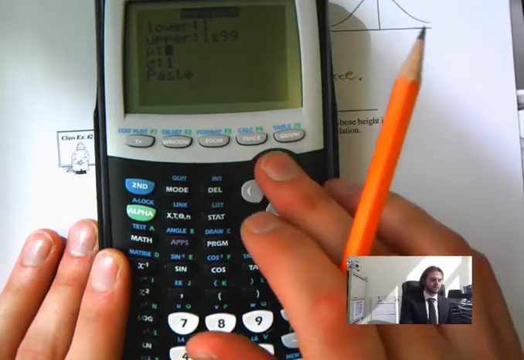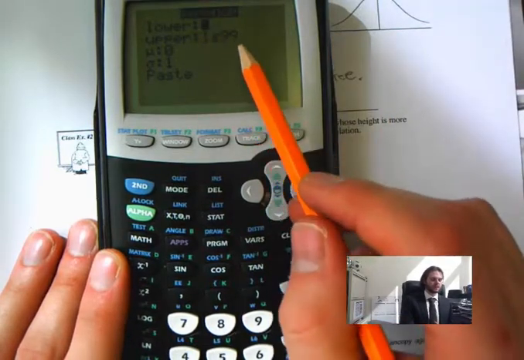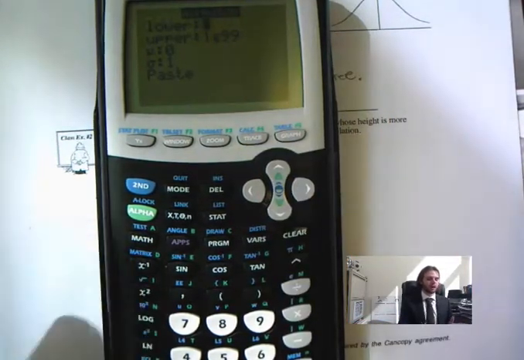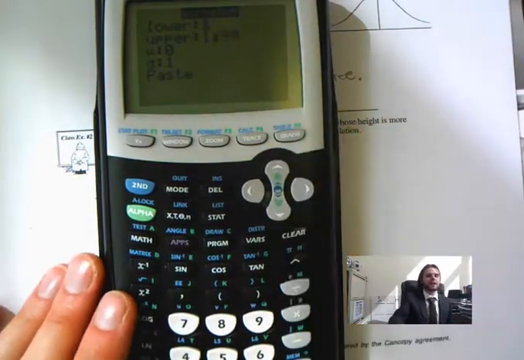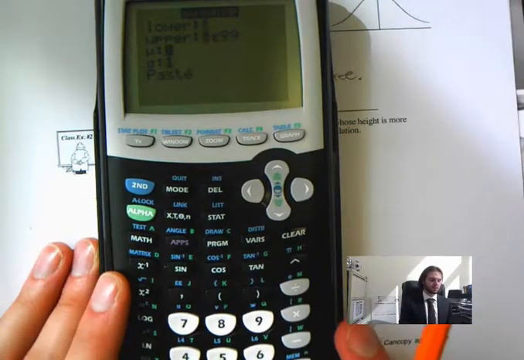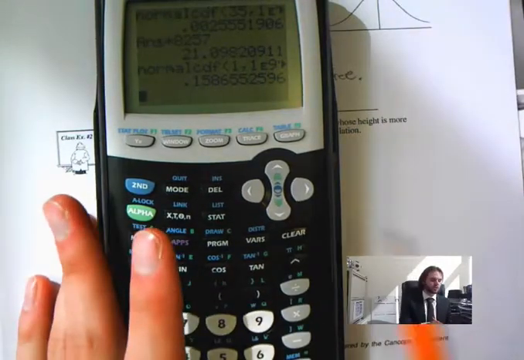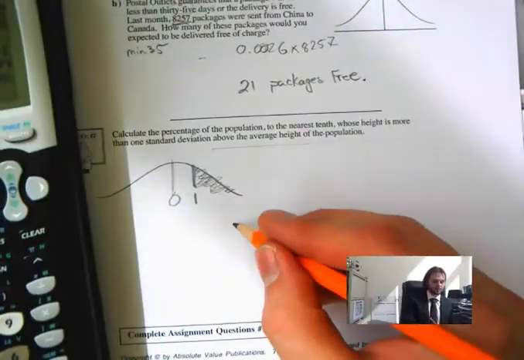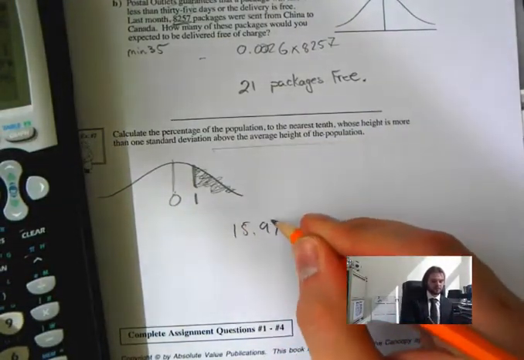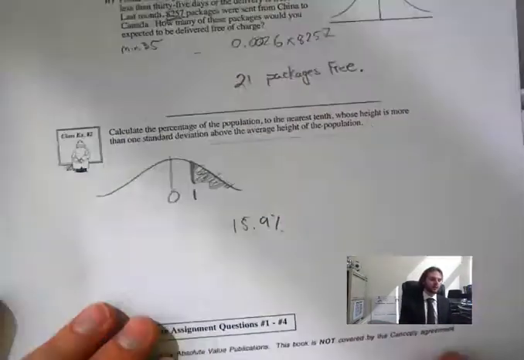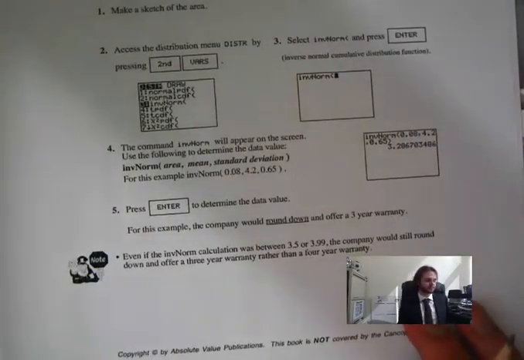We have 1, because my lower is this. My upper, well, I could go on forever, but my lowest is that there. So I'm going to push enter, and I'm going to get 15.8, which is 15.9%. See how that works? We'll be taller than 1 standard deviation above.